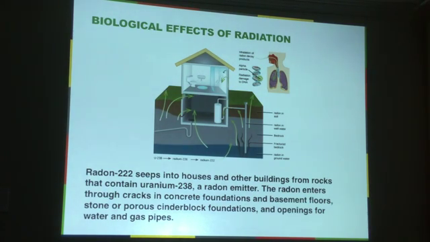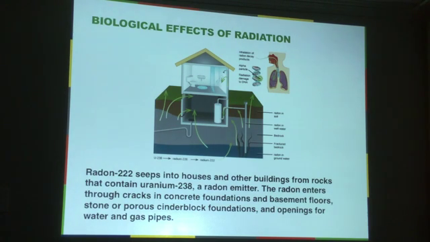Now this is a problem that has become much more evident in the last, I'd say, 15 or 20 years, and that is the seepage of radon into homes and other buildings.